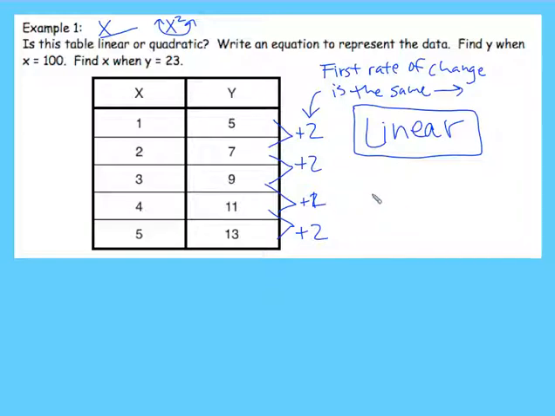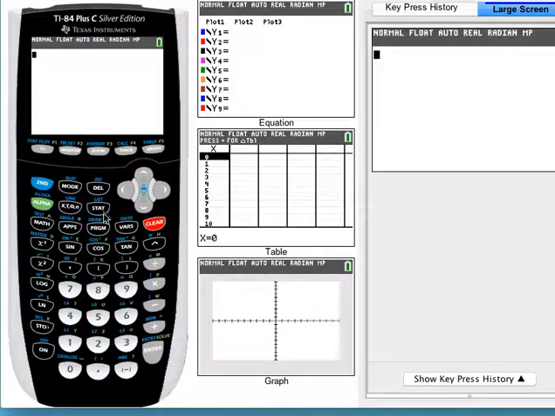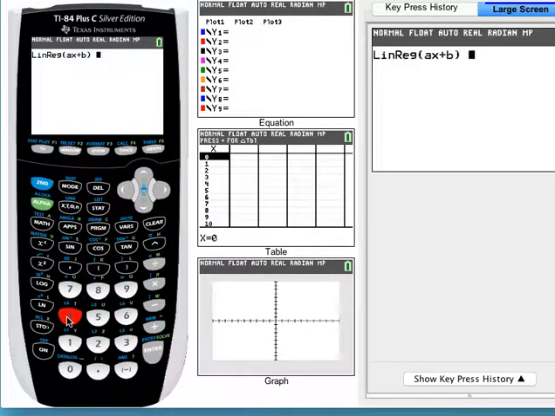So I'm going to write that here. So that's the equation. Now I'm going to show you steps 3 and 4 real fast just in case you want to see it. Whenever you go to Stat, over to Calc, and hit 4, right here we hit Enter.